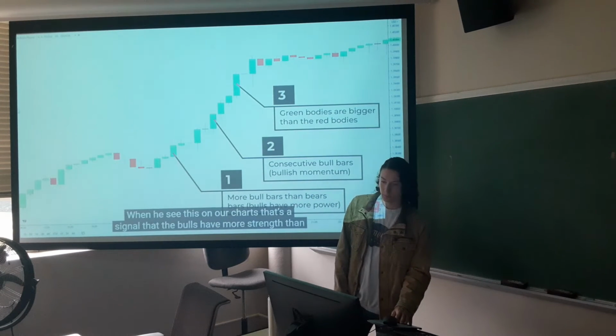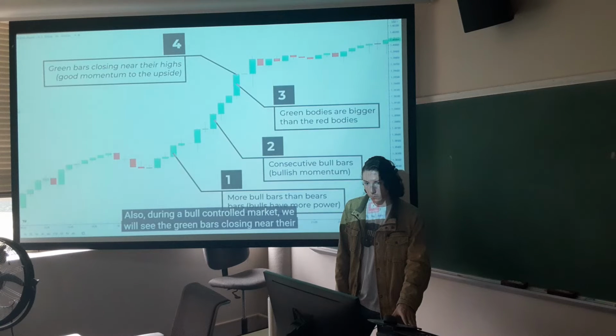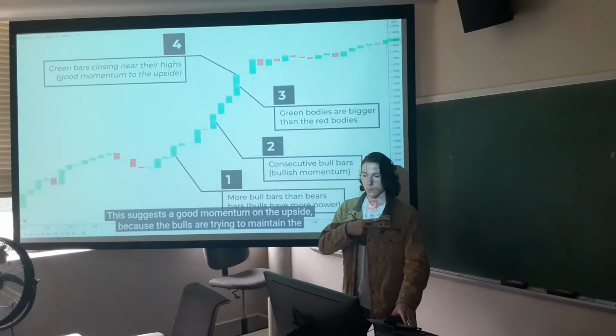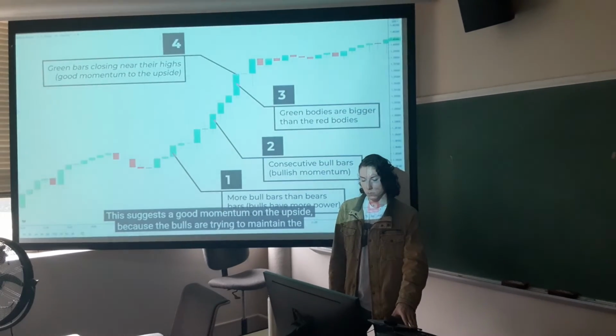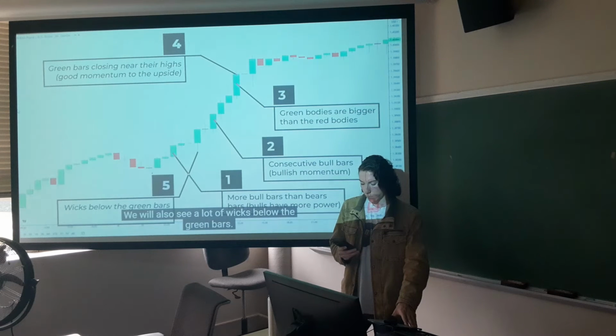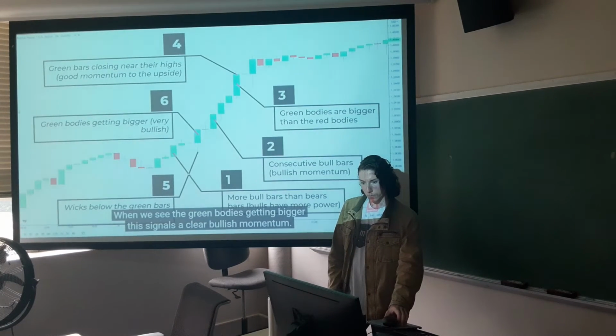When we see this on our charts, that's a signal that the bulls have more strength than the bears. Also, during a bull-controlled market, we will see the green bars closing near their highs. This suggests a good momentum to the upside, because the bulls are trying to maintain the prices higher. We will also see a lot of wicks below the green bars. This also represents a good signal that the bulls are in control of the market, and that they are trying to push the prices upwards. When we see the green bodies getting bigger, this signals a clear bullish momentum.